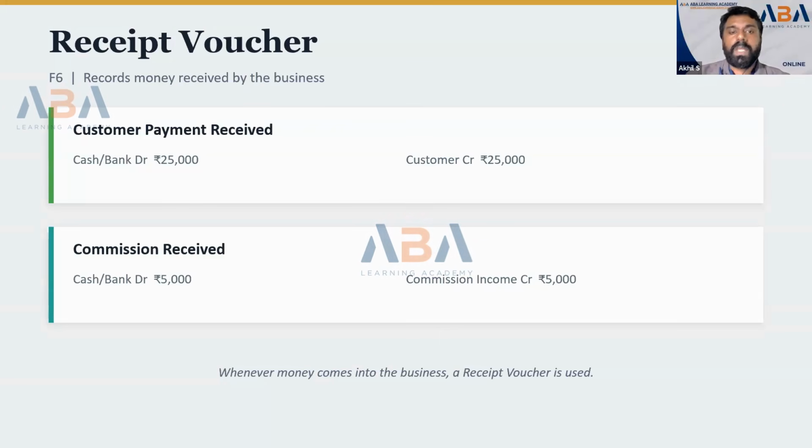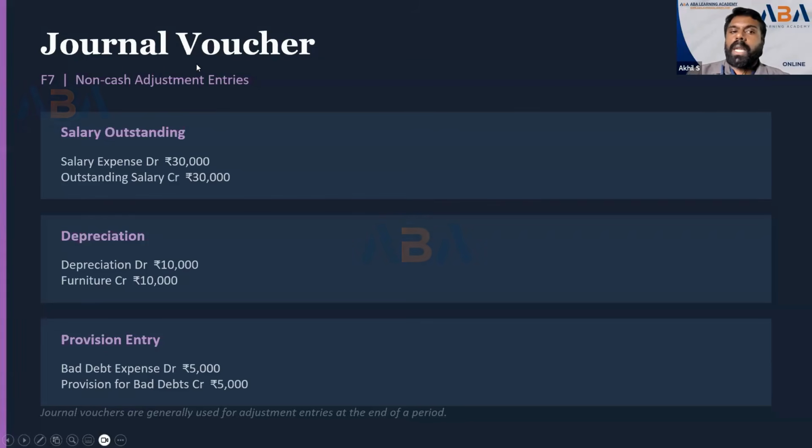And next we can see one of the important voucher types in Tally, the journal voucher. The shortcut key for journal voucher is F7. This is used to post all the non-cash adjustment entries. All the transactions which are non-cash or non-bank in nature, we post using a journal voucher.